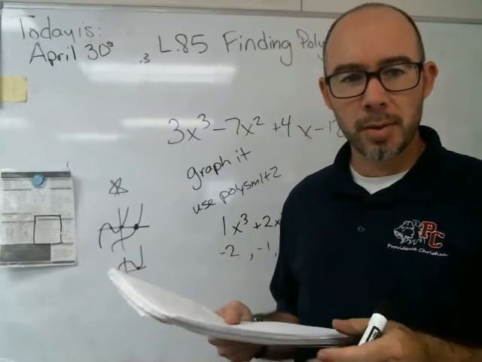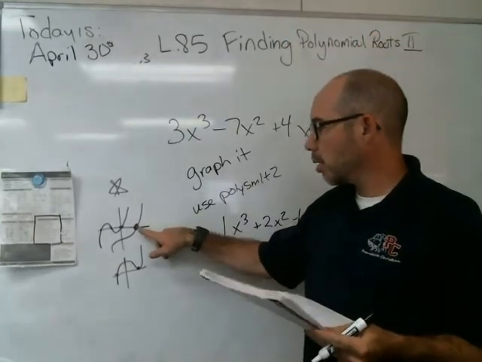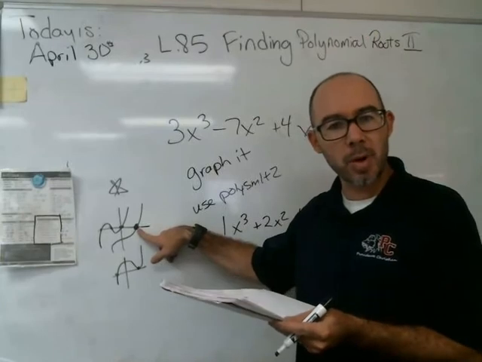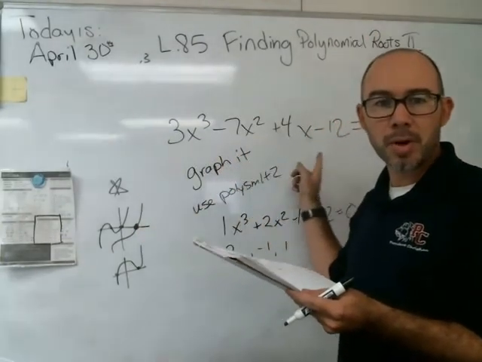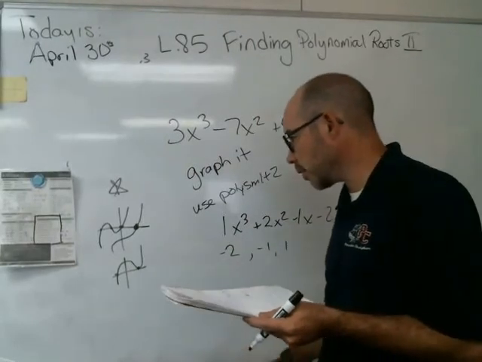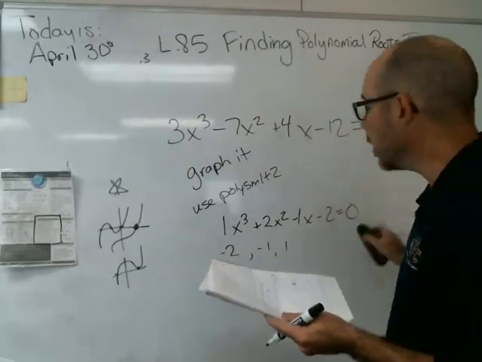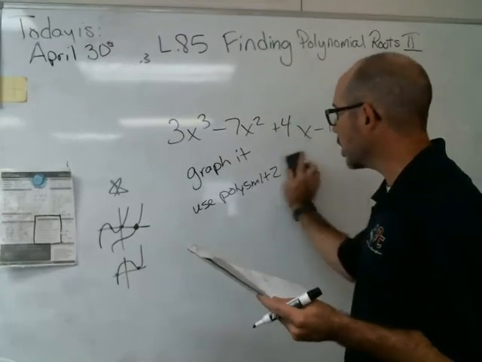Another way to do it is graph it. See if you can find one of those that's right where you think it is, and then do some synthetic division on the rest of it to see what happens. So for instance, if you looked at this one, you think it's at 1. You double check and yes, one of the answers is 1.